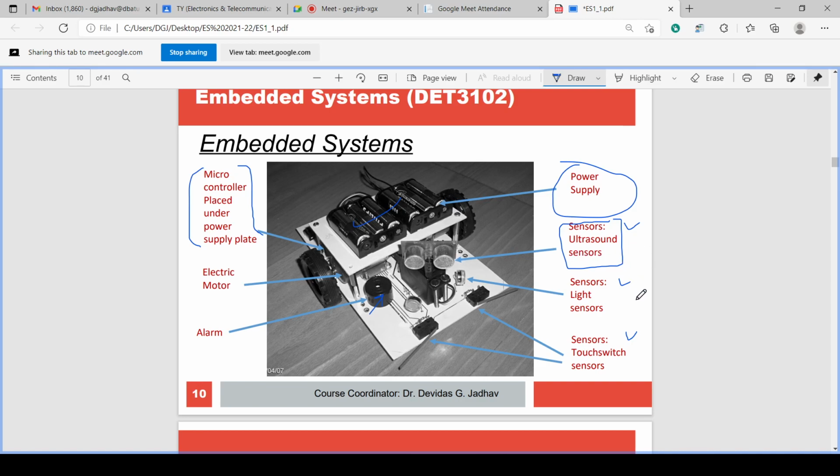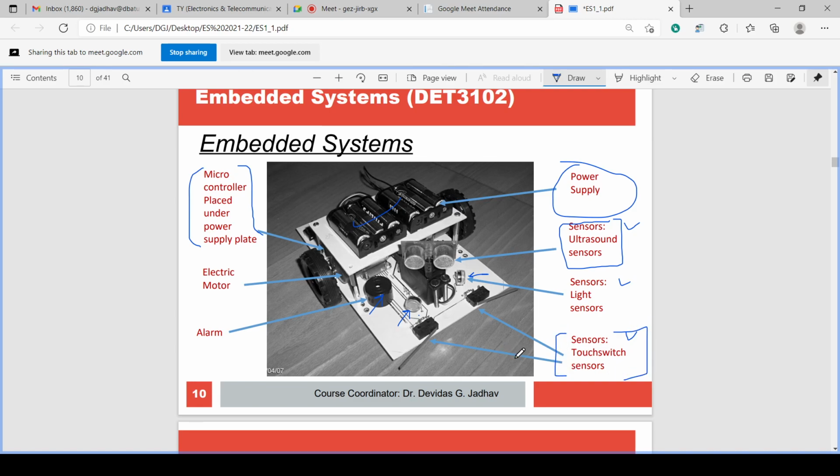Or the same sensor can be used as a pulsed sensor. First it sends the pulse and then it receives the pulse also. The same sensor can be used. Then there is a light sensor. So we can check LDRs here, one LDR on this side, another LDR on this side. Okay. Then there are some touch switch sensors. Touch switch.